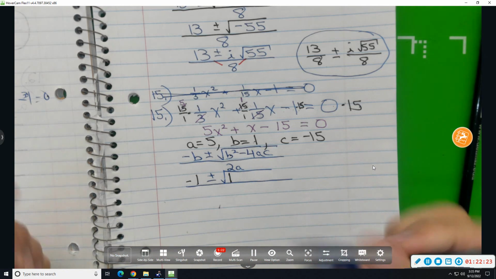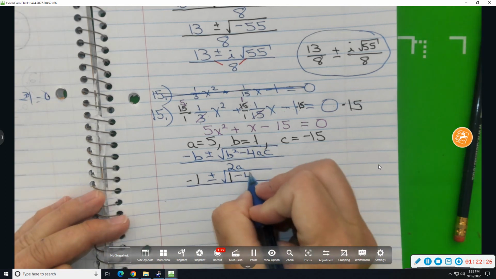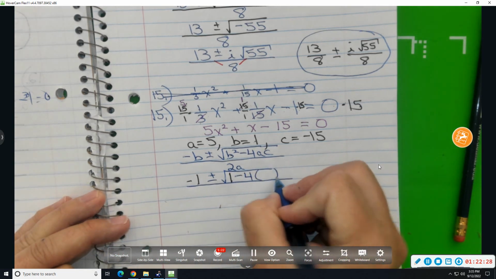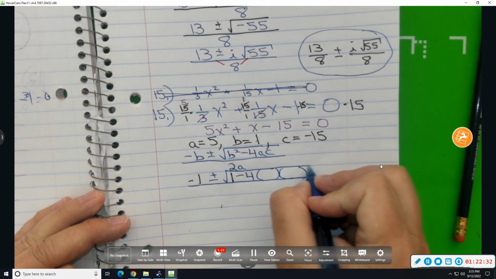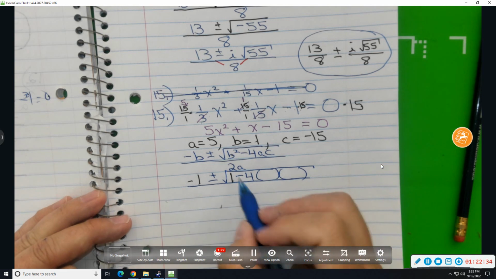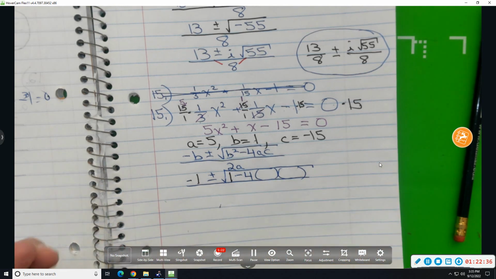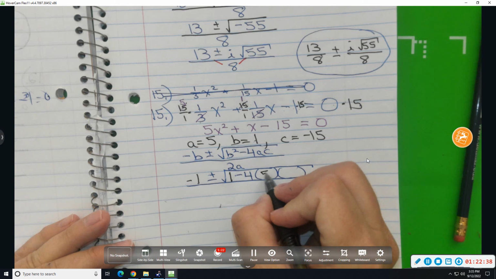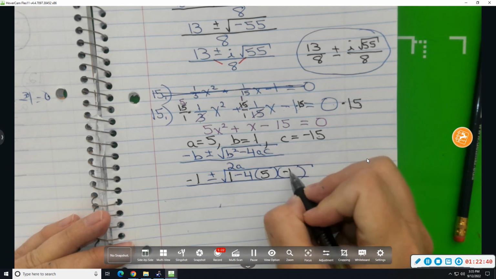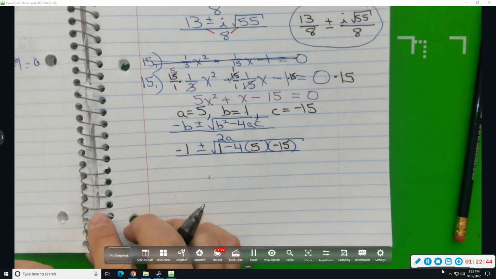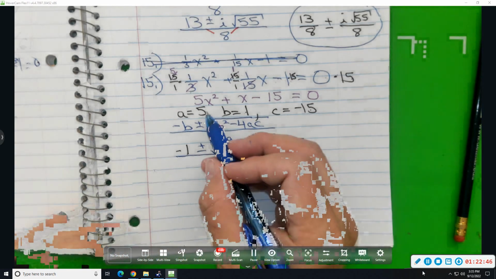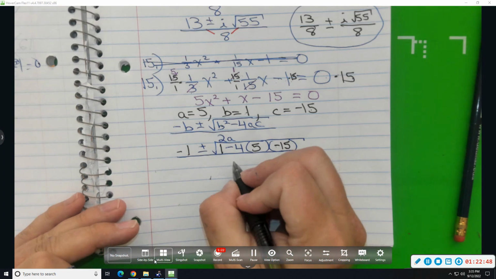And then minus 4 times A times C. So A is 5, C is a -15. Let me pull up my calculator. 2 times 5, I agree with 10.